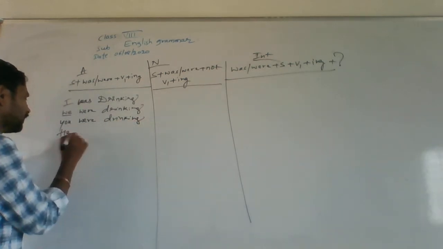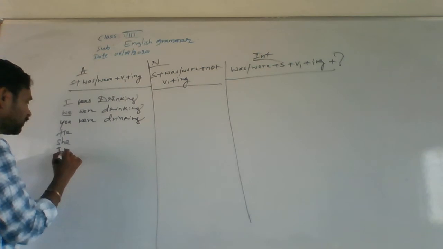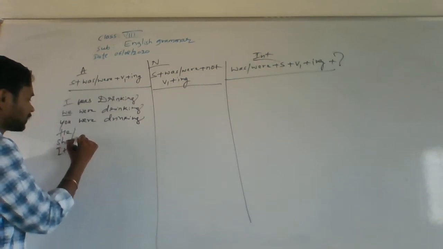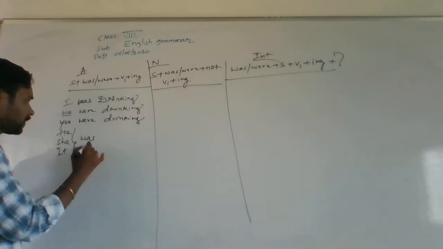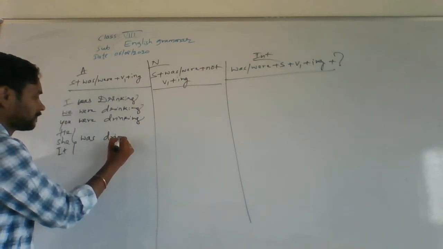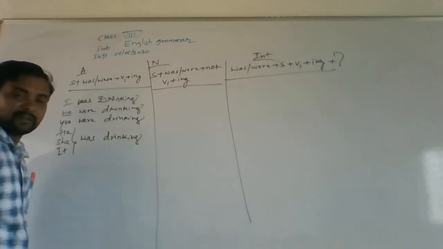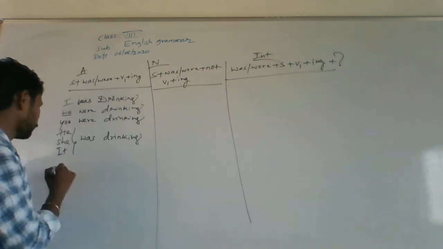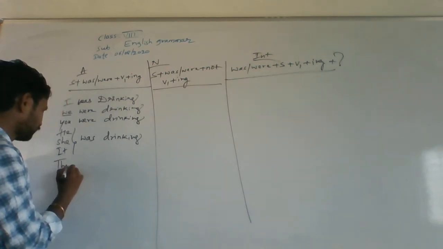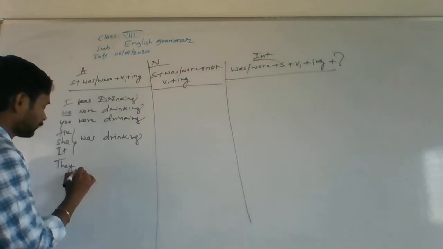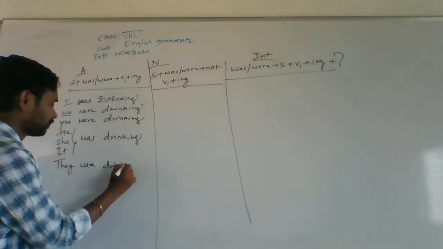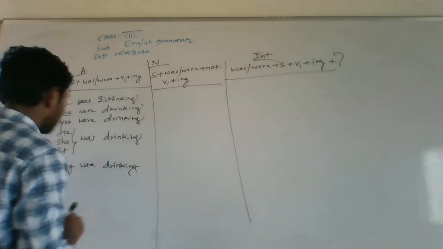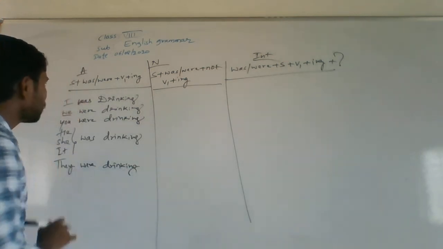But he, she, it are singular, so was. He was, she was, it was drinking. They were drinking. It is an assertive sentence.